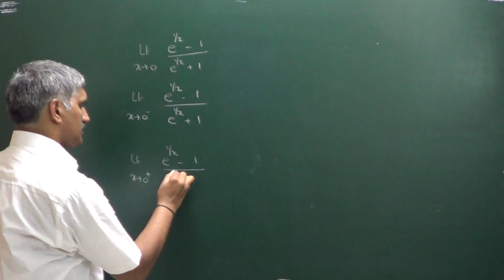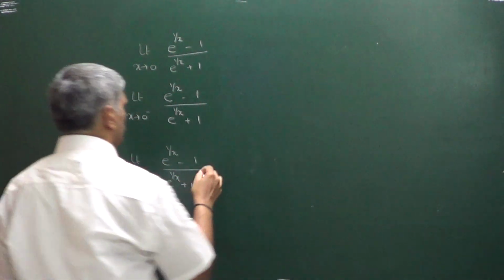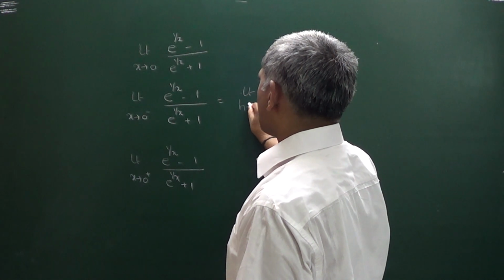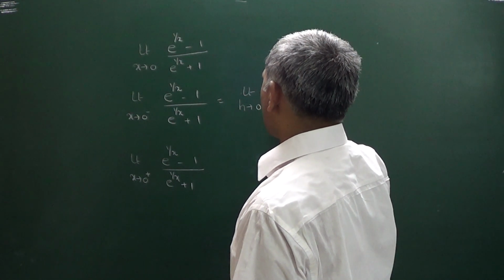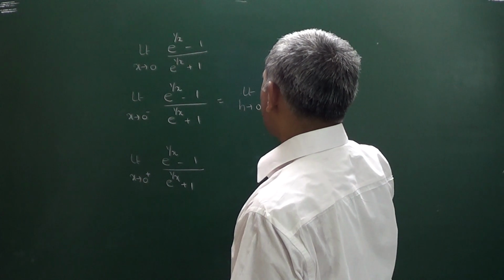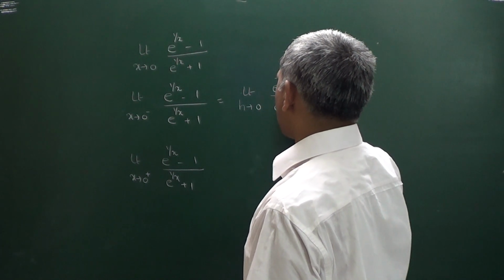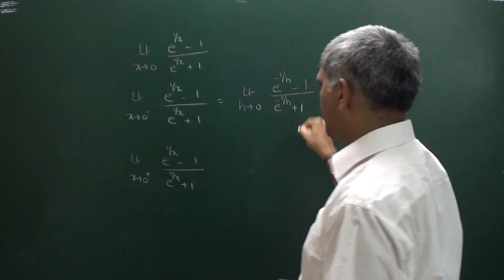Let's see the first case. This can be written as, according to earlier discussion, limit h tends to 0, e to the power of minus 1 by h minus 1 divided by e to the power of minus 1 by h plus 1.